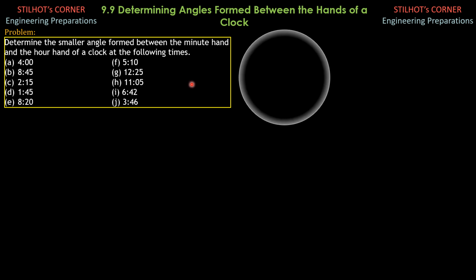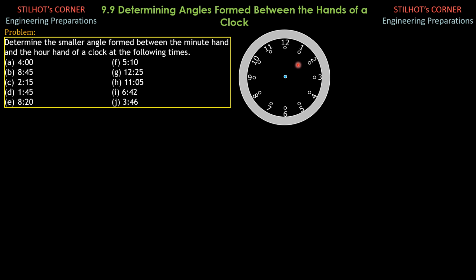So let's have the guide clock, model clock, and take note that there are 12 equal graduations, and therefore we need to know the angular speed of each hand of a clock.